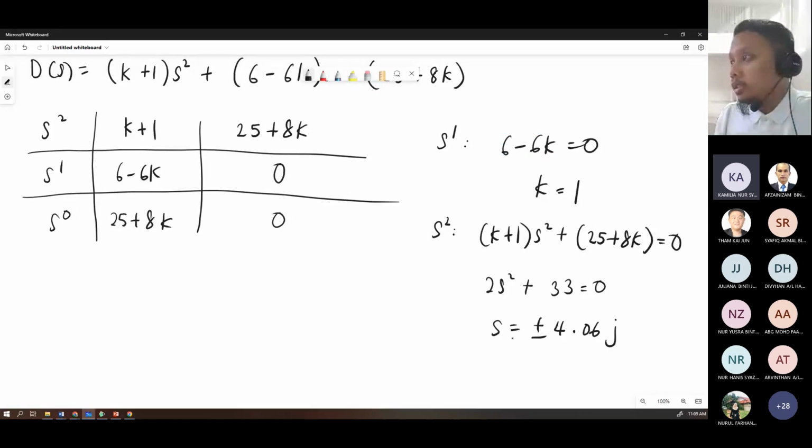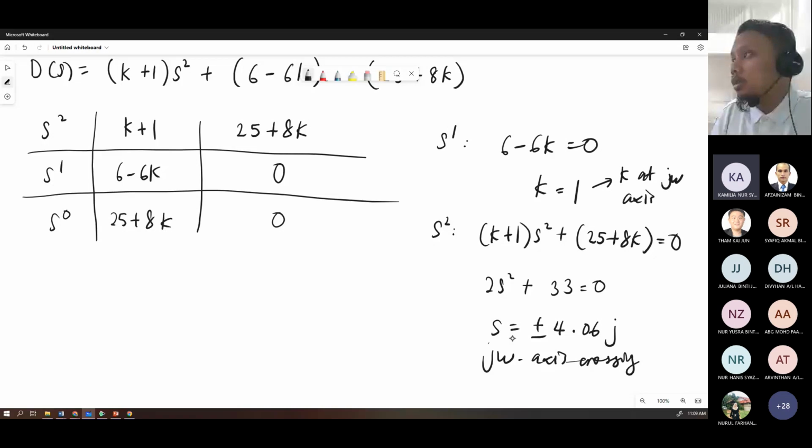So this is the j omega axis crossing, and this is the k at j omega axis crossing.